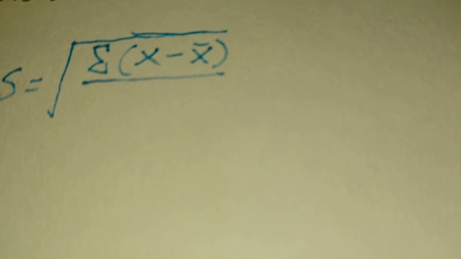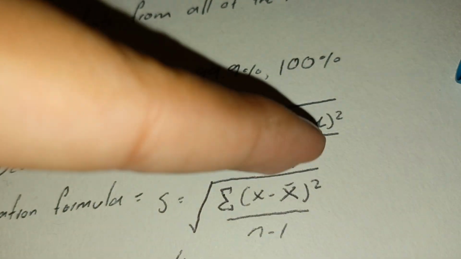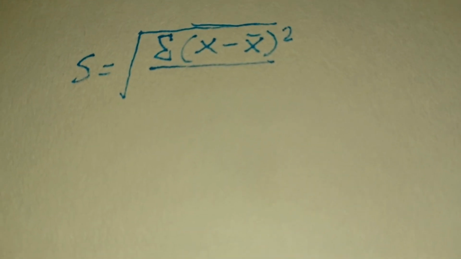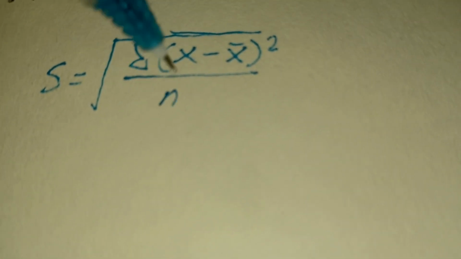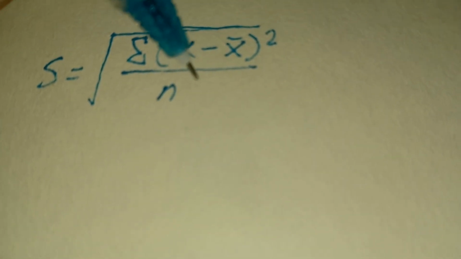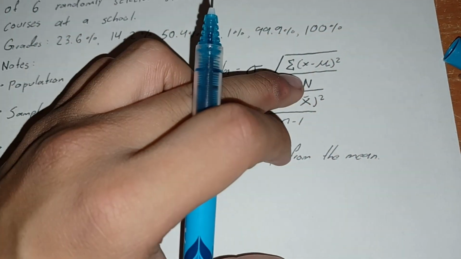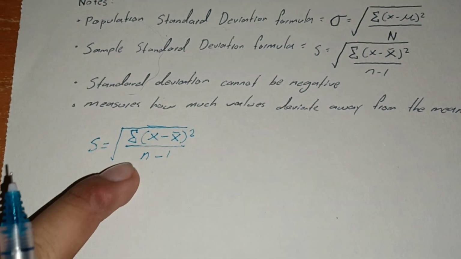The sum of your x values minus x bar, which is the mean, the same as mu. Mu is that little thing that looks like an M. That is your mean, and so is your x bar. X bar is for the sample and mu is for the population. Then you square all of that and divide by sample size, not population size, lowercase n, minus 1. It's going to look like that. So uppercase N is population size, and lowercase n is sample size, just to make that clear.